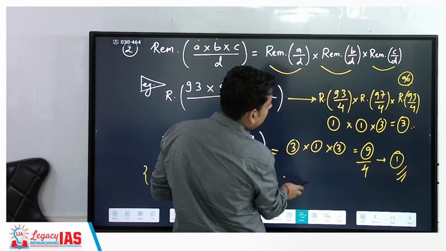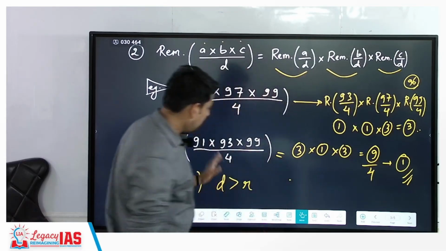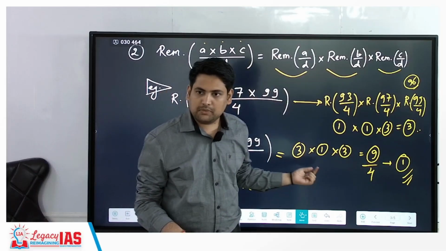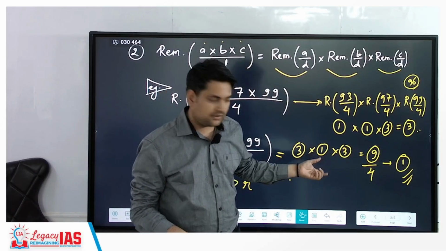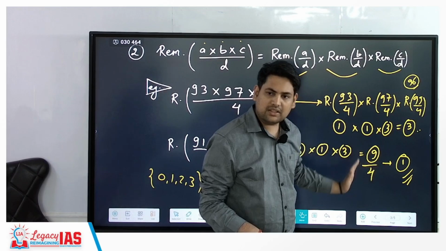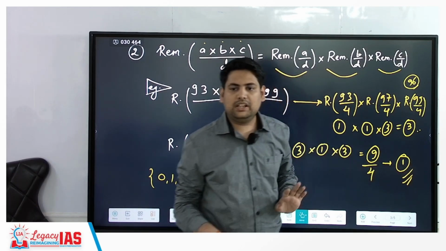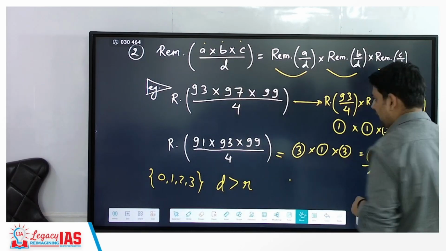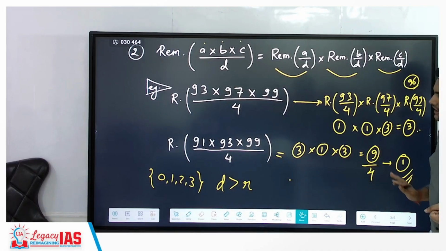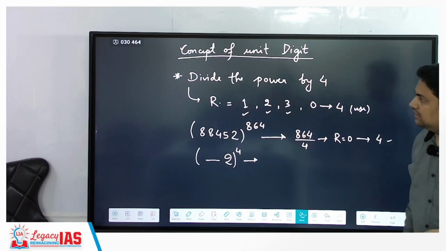The second thing that we learned was, if after multiplying all the remainders we get a number that is greater than the divisor, we divide it further to get the final remainder. Understood? This is the second concept that we need to know.